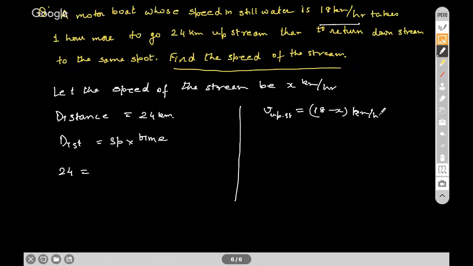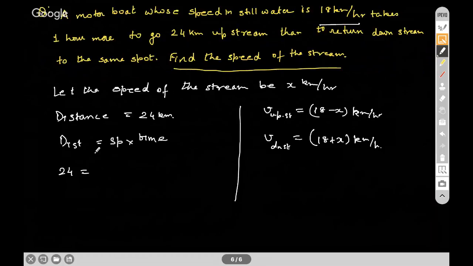Why? Because the velocity will be reduced because the motorboat has to go against the speed of the stream. Okay, and velocity downstream is equal to 18 plus x kilometers per hour, isn't it?